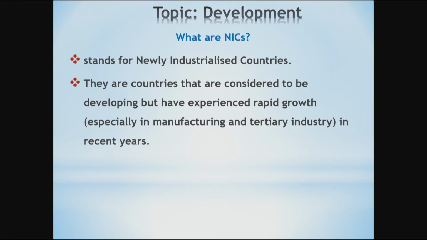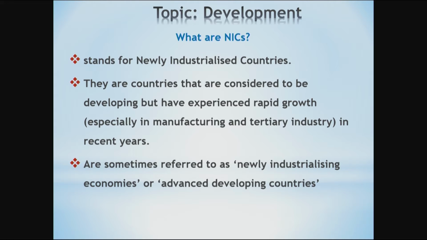These are countries that are considered to be developing but have experienced rapid growth, especially in manufacturing and tertiary industries in recent years. They are also sometimes referred to as newly industrializing economies or advanced developing countries.